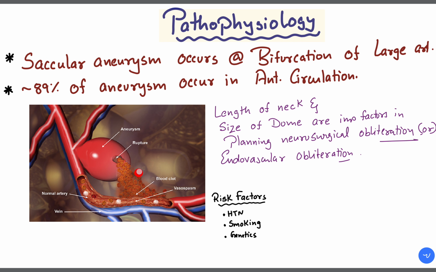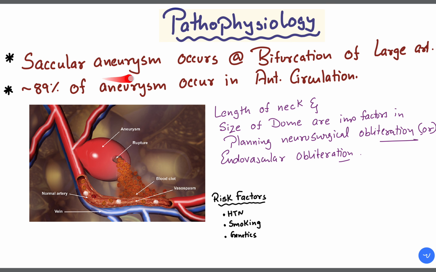Leaking of this blood compresses on the brain parenchyma, leading to its effect, forming a hematoma, giving us specific symptoms, and there is also vasospasm associated with rupturing of the aneurysm.